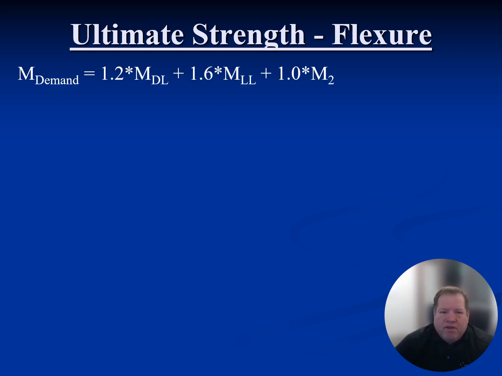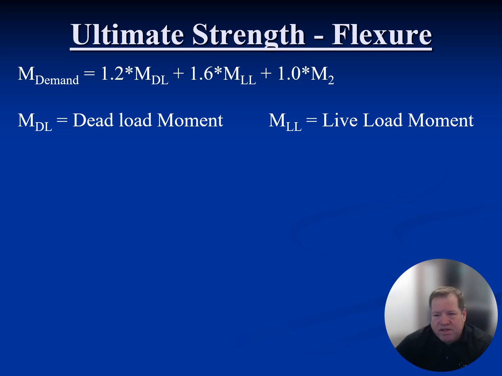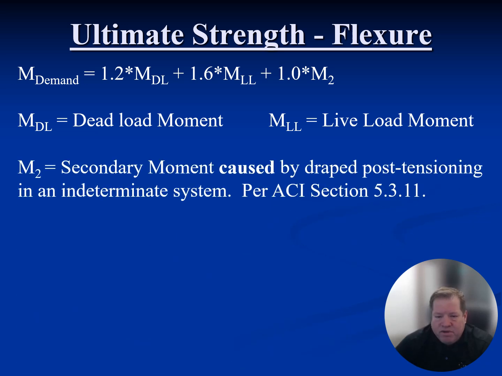So getting into flexural strength, the same thing with one-way slabs or beams. We have 1.2 dead load, 1.6 live, and 1.0 times the secondary effects. The secondary effects are something we have covered quite a bit. It's the same philosophy, the same mentality, whether it's a beam, a one-way slab, or a two-way slab.